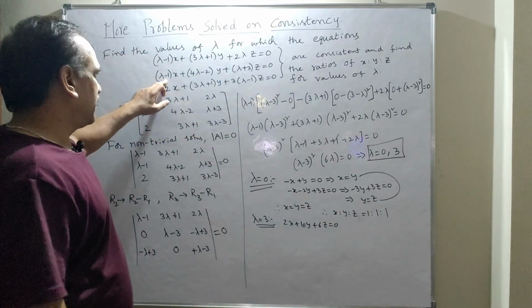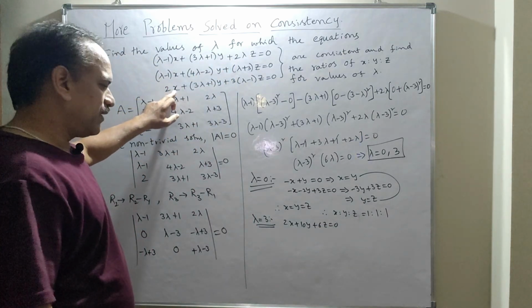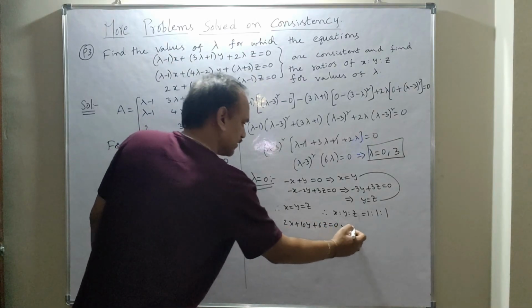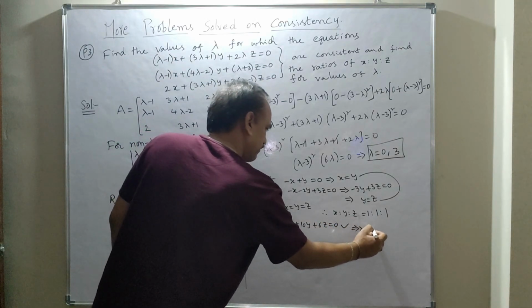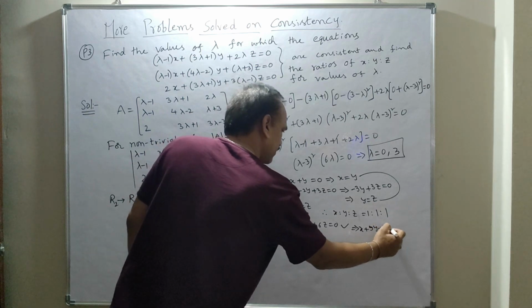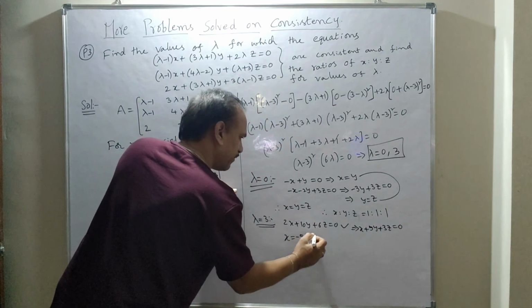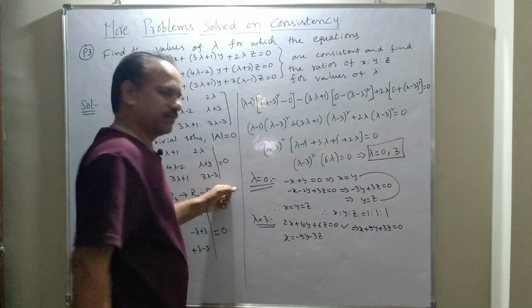You put lambda equal to 3 in this, you will get the same equation. For this also, you will get the same equation. That means you have only one equation. What is that? x plus 5y plus 3z equal to 0, or x equal to minus 5y minus 3z.